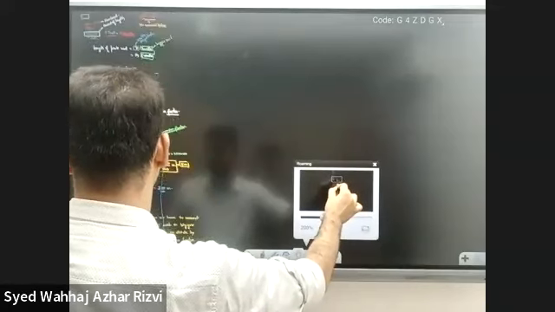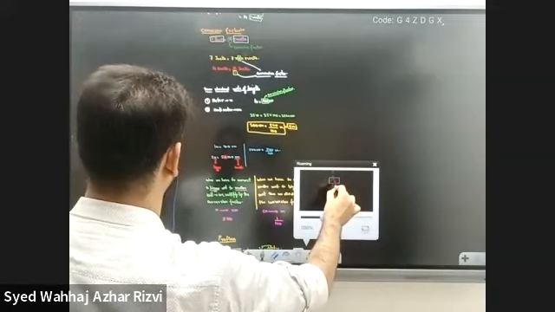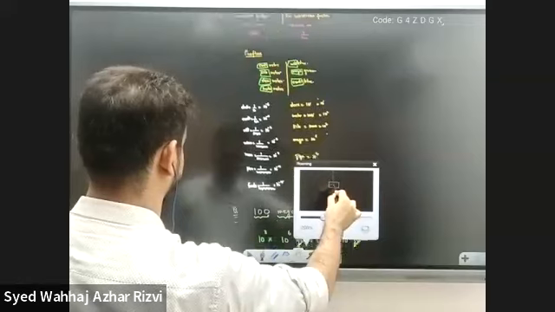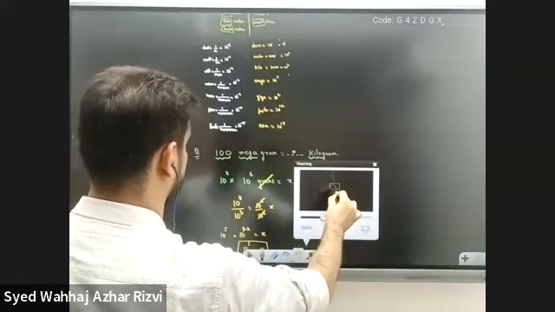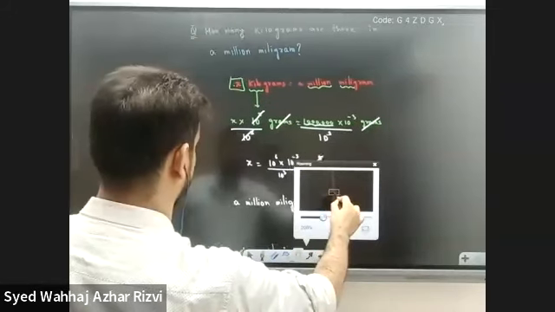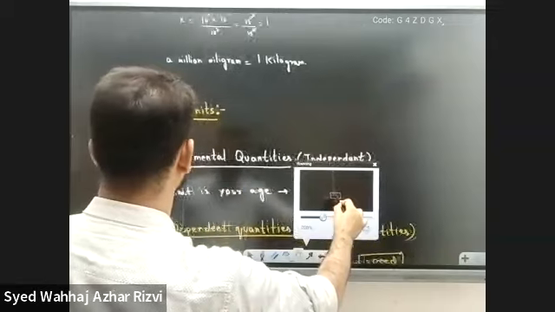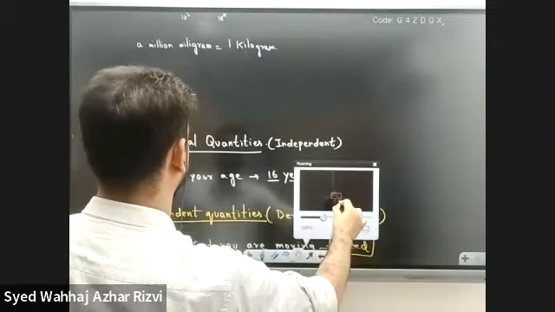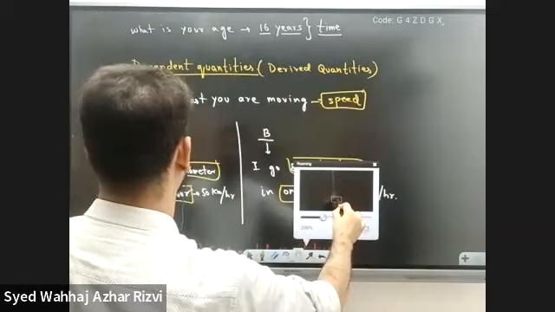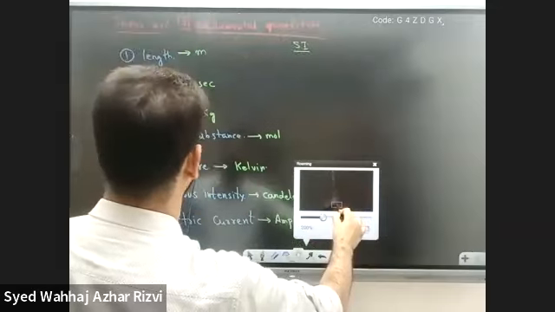Then we studied about the conversion factor. What is a conversion factor? Then after studying all the conversion factors, we studied about prefixes. After prefixes, we did some questions to understand how to use these prefixes to actually solve questions. Then we understood the system of units. For that system of units, we have to understand the fundamental quantities and the derived quantities. Then we tried to note down how many fundamental quantities there are. So that was the class for today.